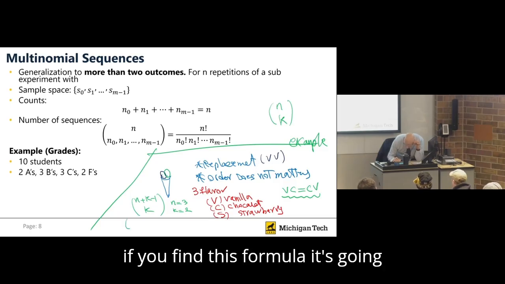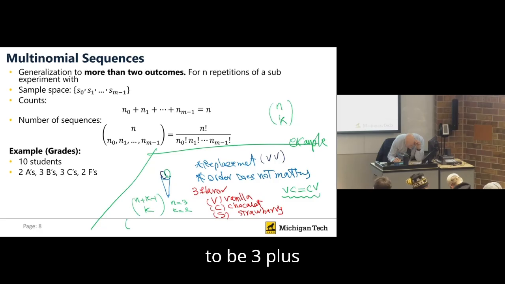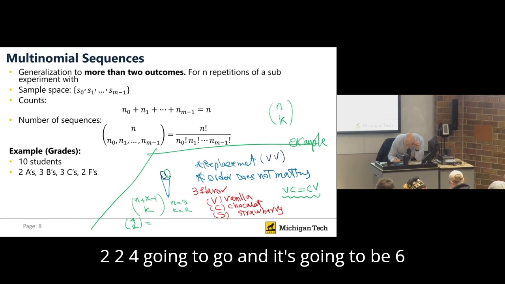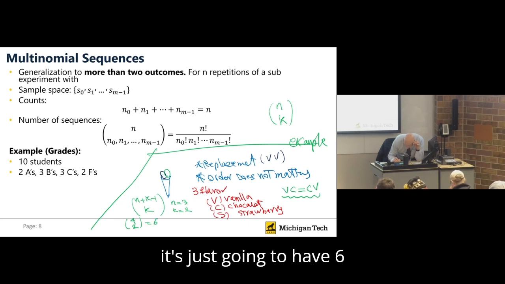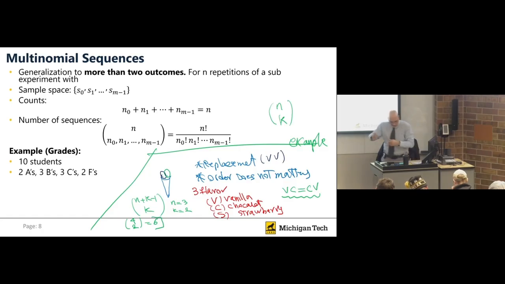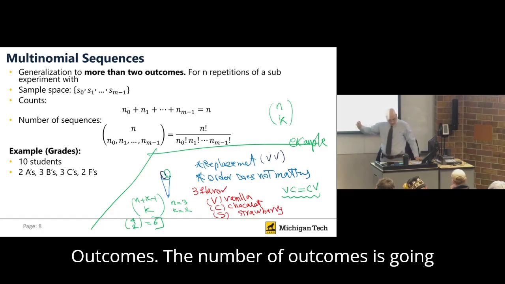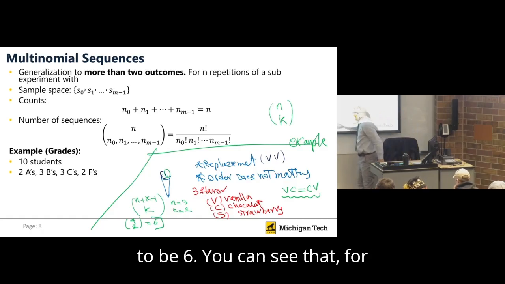If you apply this formula, it's going to be 3 plus 2, 5, minus 1, 4 choose 2, which is 4 multiplied by 3 over 2, so 2, 2, 4 goes, and it's going to be 6. The number of outcomes is going to be 6.